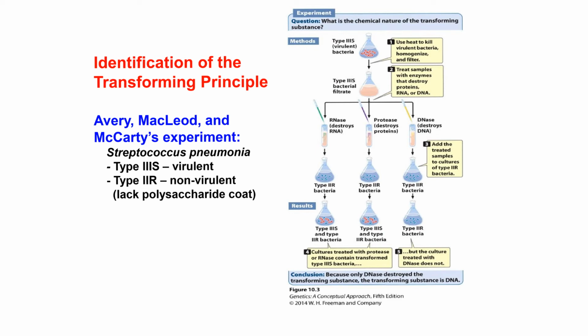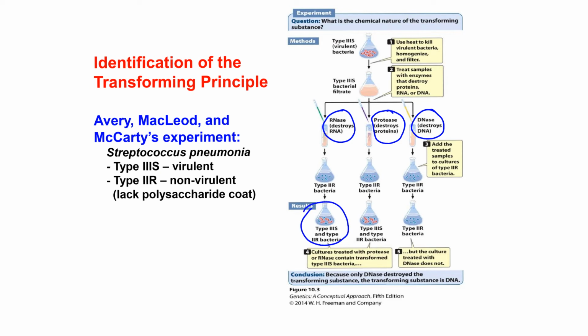They did a set of very smart experiments where they incubated what they called the transforming principle with RNases, which would destroy RNA, with proteases, which would destroy proteins, and with DNases, which would destroy DNA molecules. Upon treatment of the transforming principle and injecting it back into mice, they saw that RNases and proteases did not do anything. The 3S strain treated with RNases and proteases was still infectious and could still kill mice.